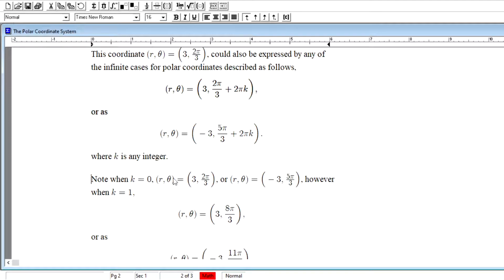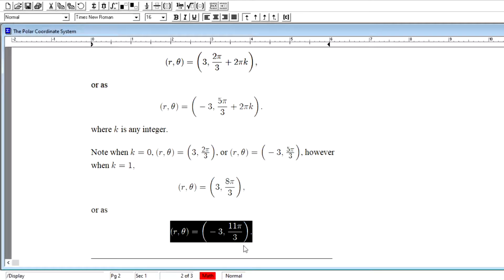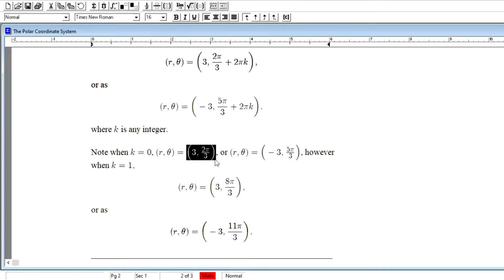All right? Note when k equals 0, r comma theta is either described by this measurement, or this location, or this location. But when k is 1, we end up getting these descriptions of that location below. Right? Where here, for this one location described by 3 comma 2 pi over 3, we see these 3 other descriptions of location.